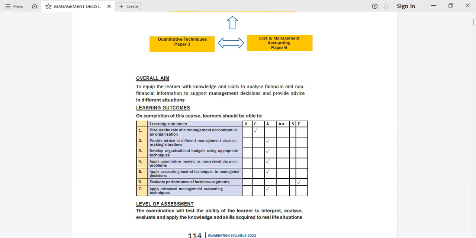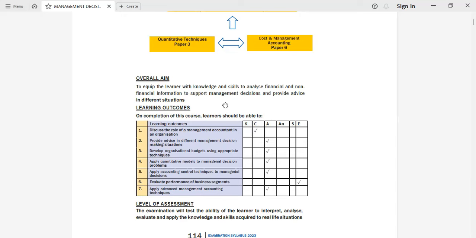Therefore, according to the institute, the overall aim for introducing this paper is to equip the learner, and we are getting this from here, with the knowledge and skills to analyze financial and non-financial information, to support management decisions, and provide advice in different situations.